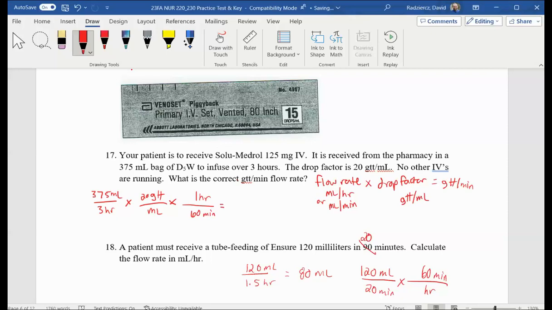So I'm going to take 375 times 20 divided by 60 divided by 3. And I'm going to get 41.7. But because this is a drop, 42 drops per minute.